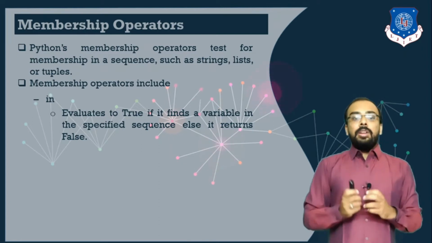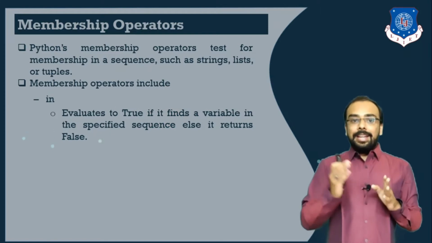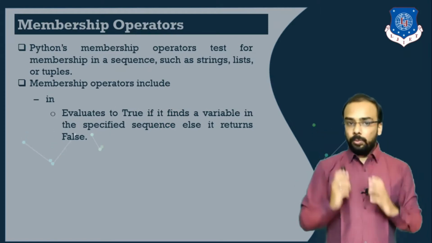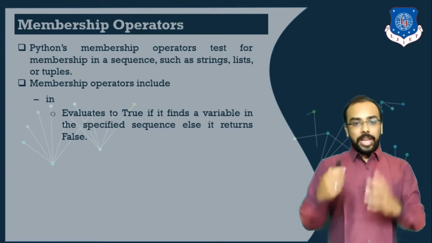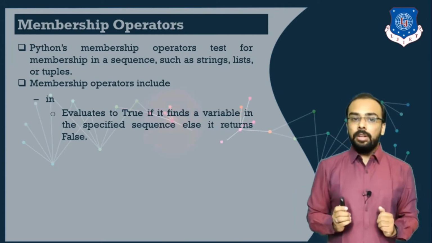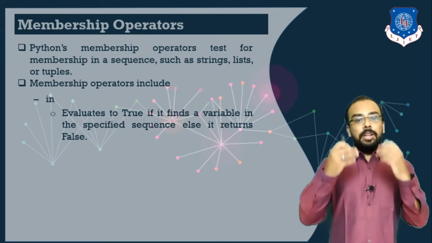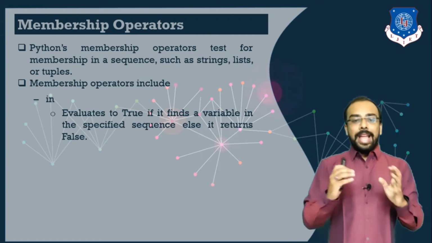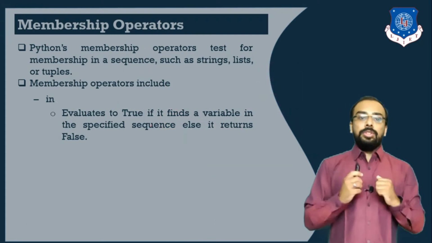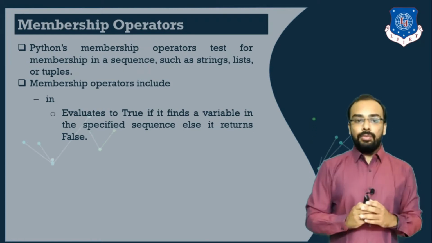For example, I have created a variable named s1 and it is storing the value hello. Now if I want to check whether h is present in my string variable s1, if it is present, then the membership operator in will return true, else it will return false. So the return type of the in operator is either true or false.